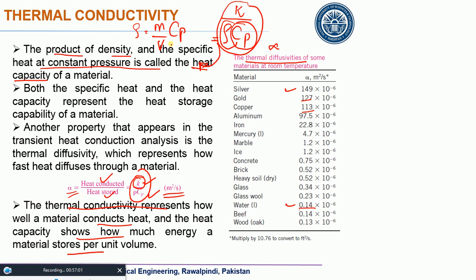If I say mass is 1 unit, then this is heat storing capacity per unit volume. So remember these properties, don't mix them: thermal conductivity, specific heat, heat capacity, and thermal diffusivity. Remember what their physical significance is, because they would be used in designing materials.